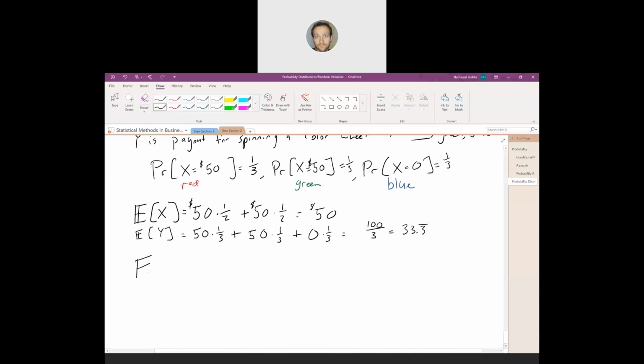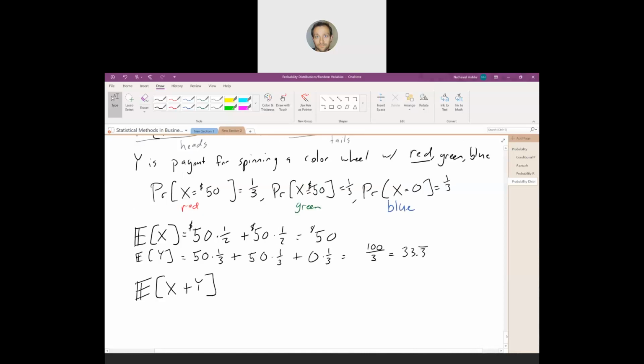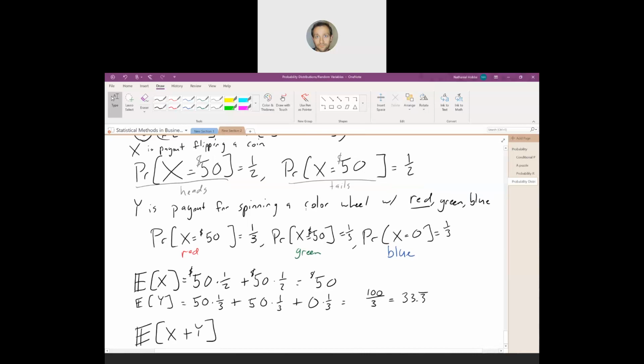Now, there's the expectation of x plus y. So now, this is you play both games. You flip the coin, you get a payout or not, and then you spin the color wheel.